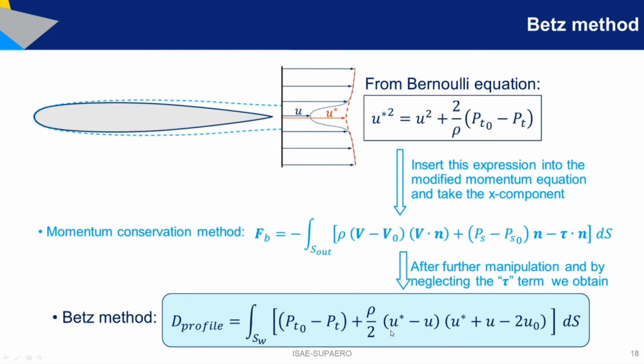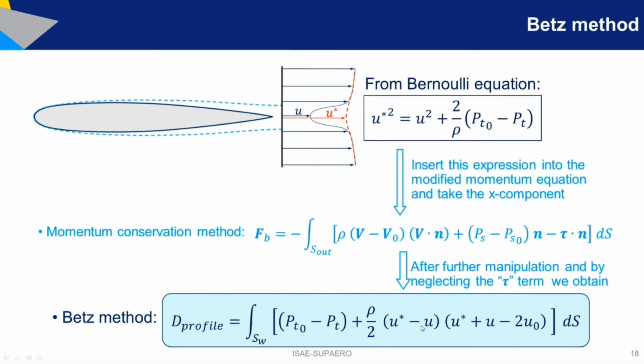So basically, as you can see, this equation has been included and manipulated, and we start having a more physical understanding of drag, because drag is now related to the loss of total pressure, and you know total pressure is a measure of the energy of the flow. If you lose energy due to the viscosity, you will generate a total pressure deficit, and that's drag.